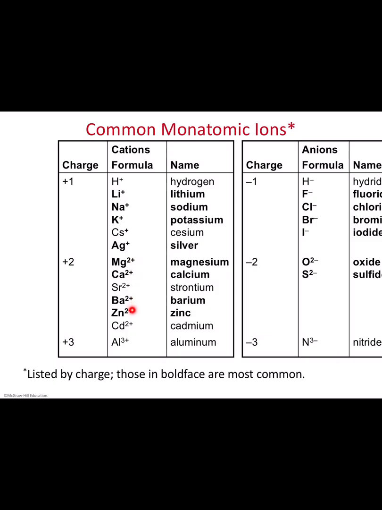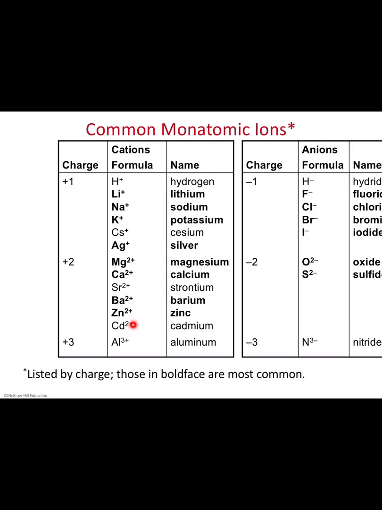Then these ones, magnesium to barium, are in group 2 of your periodic table. Group 2 elements have 2 electrons that they can give away and reach the previous noble gas configuration, prior to the element. So magnesium, calcium, strontium, barium are all group 2. Zinc is not in group 2, but zinc makes +2.